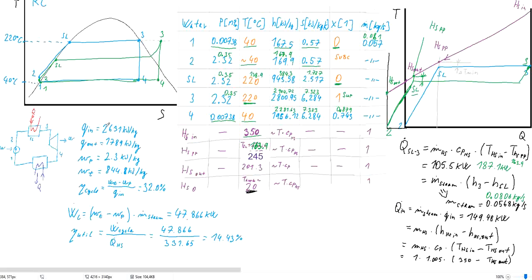we can now also here calculate the heat input, which is 2737 kilojoules per kilogram. The heat rejected is 2114 kilojoules per kilogram.